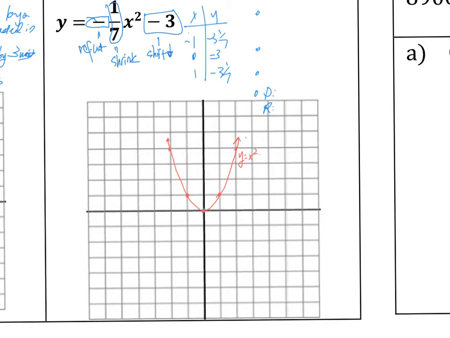And after looking for all these points, let's see if the graph matches all these descriptions compared to the parent graph. So 0, -3, then 1, -3 1/7, about here, and the reflecting point.